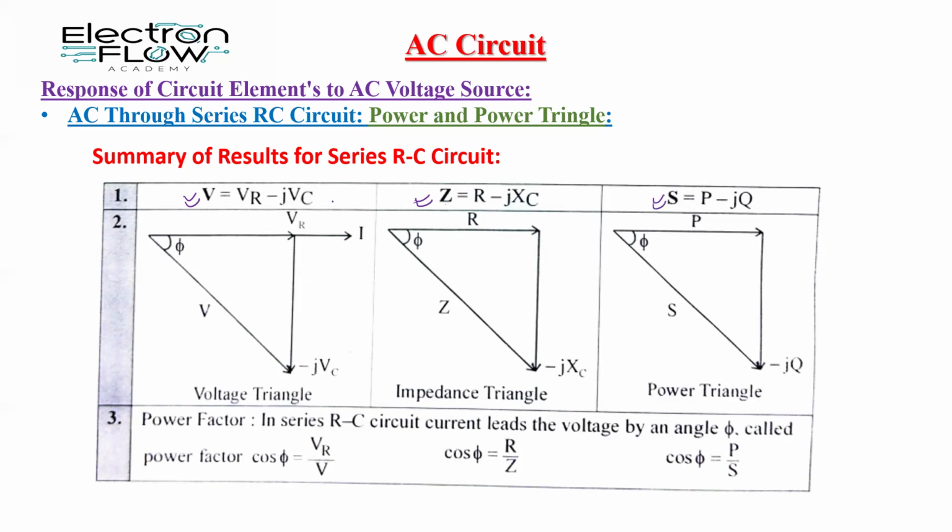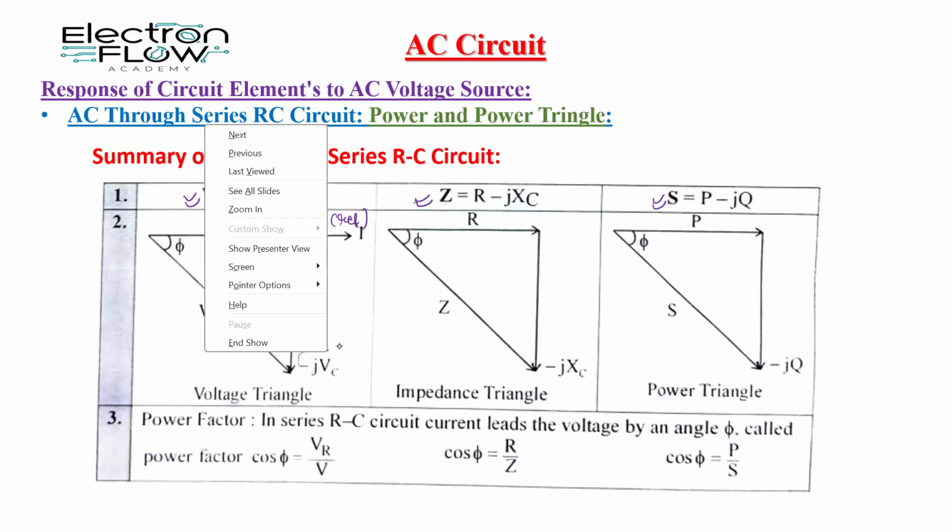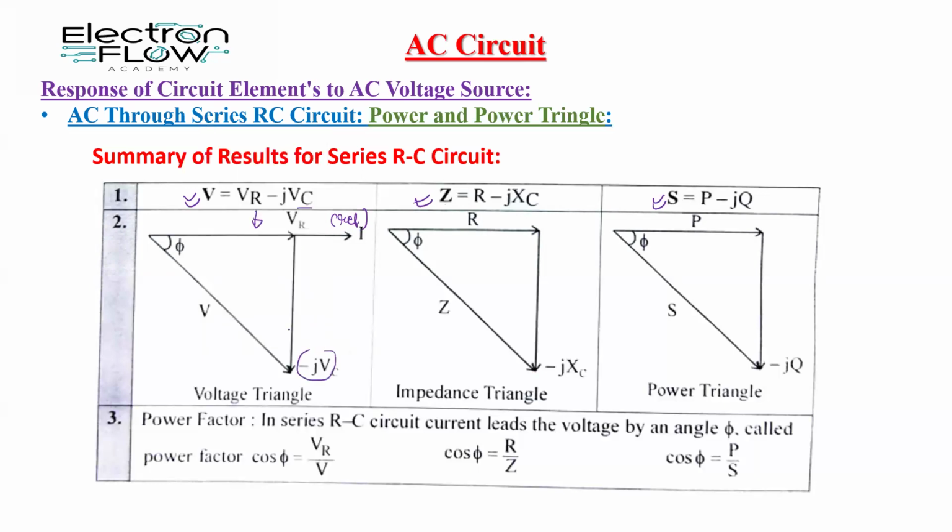The voltage equation is V is equal to VR minus jVC, and the voltage triangle looks like this. Here we assume the current as reference. From the current, minus 90 degrees apart is minus jVC. The resultant, the total voltage, is at an angle of phi.